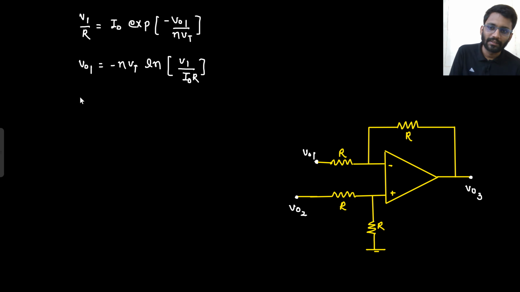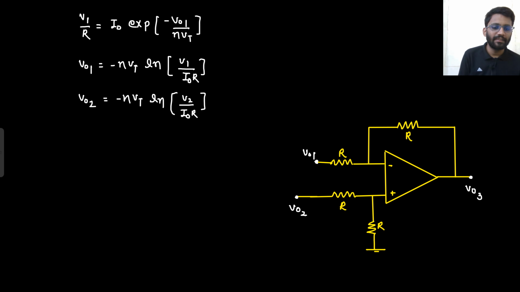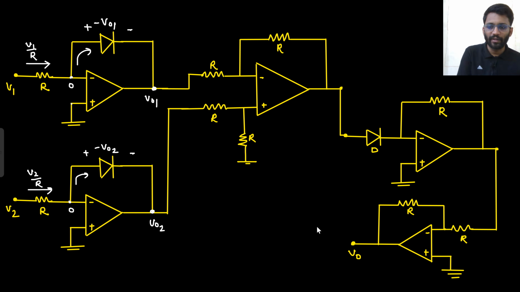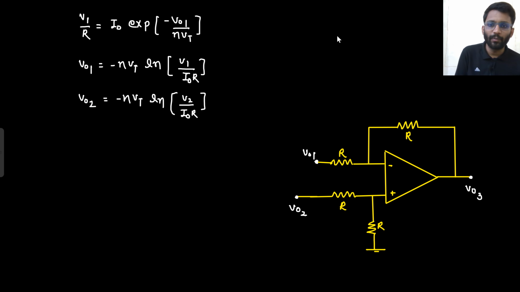And similarly, what will be your V02? V02 will be minus eta Vt ln V2 by I naught R, because a similar circuit is there for V02. Let me check again.